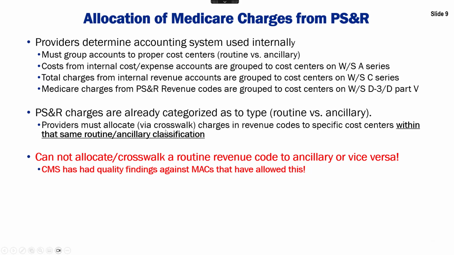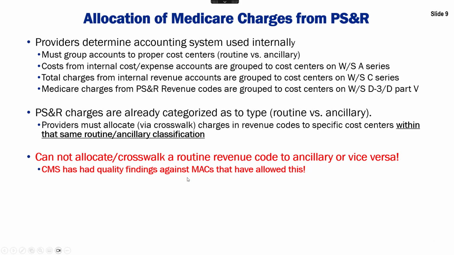Again, it's often referred to as a crosswalk. It's just an allocation schedule, whatever term you want to use. But the key thing is they have to be within the same routine or ancillary classification. We just need to know which specific cost center they go to. And then the costs and total charges need to be reported the same way.